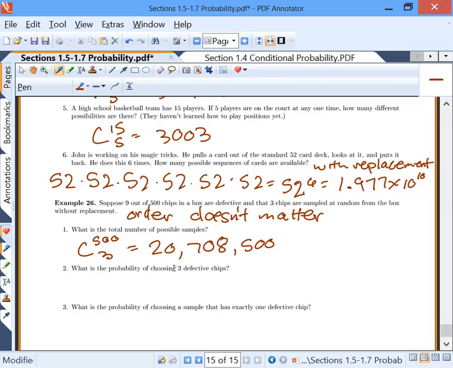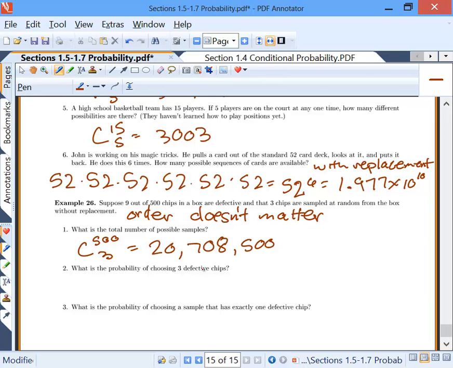So now I might ask you something like, what is the probability of choosing 3 defective chips? It is going to be pretty low. Okay.